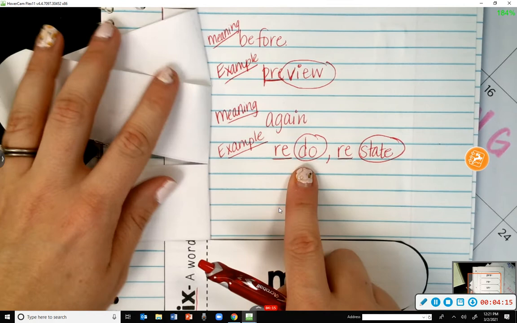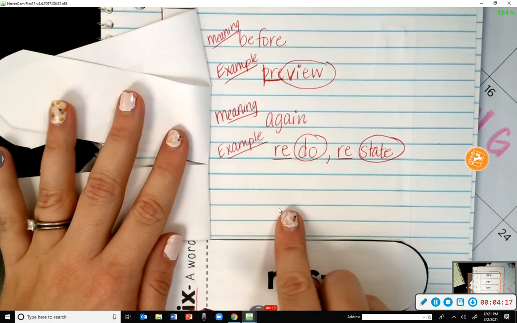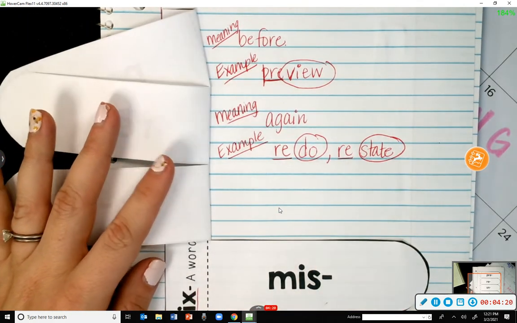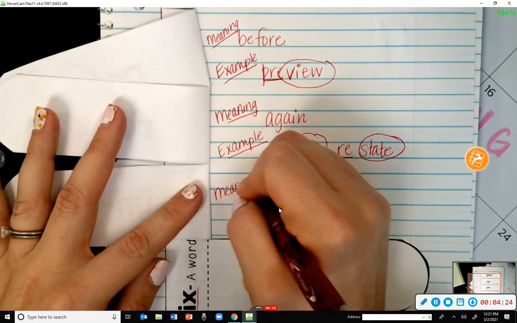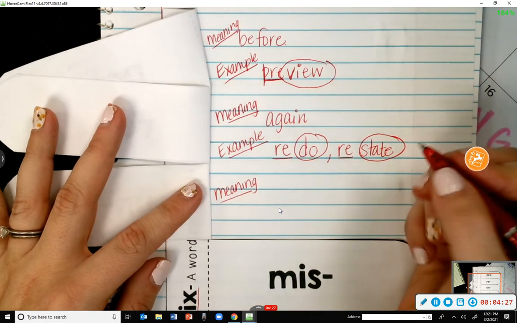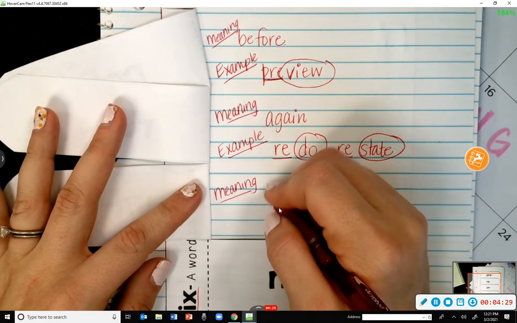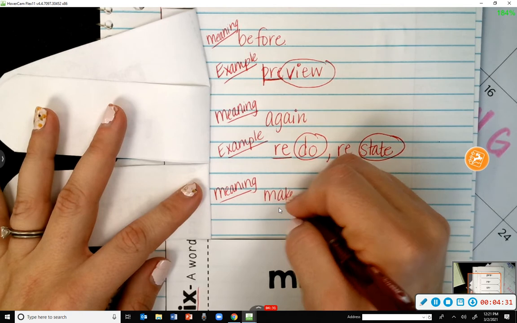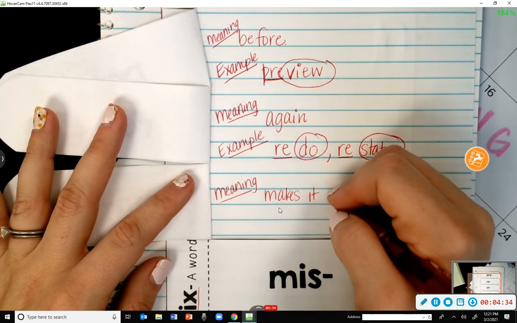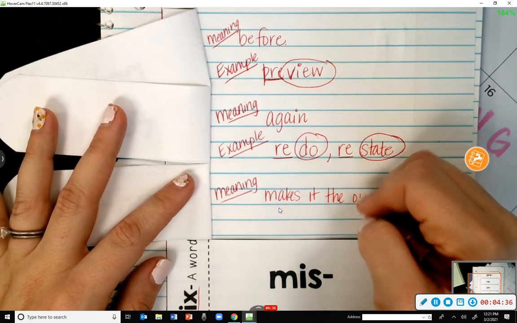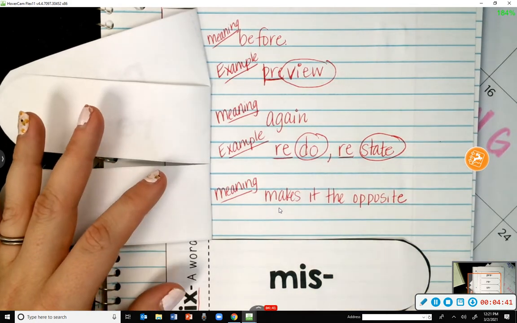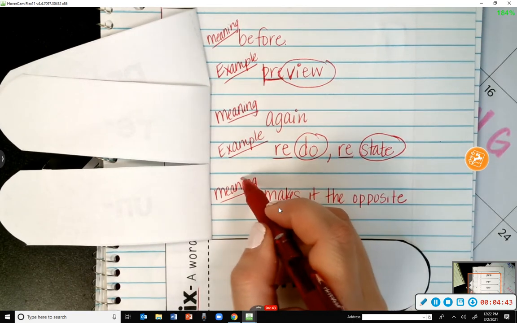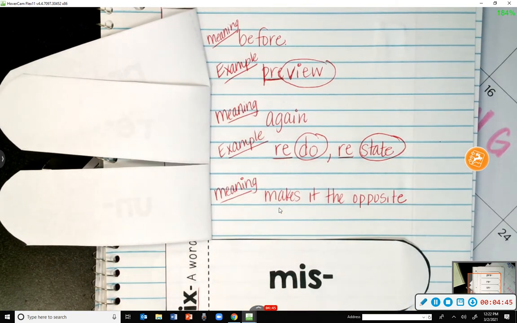Okay, the next one is un. We said redo, but if I had said undo, that actually means to change it to the opposite. Okay, so if you put that in front of a word, you're making that word the opposite meaning now.